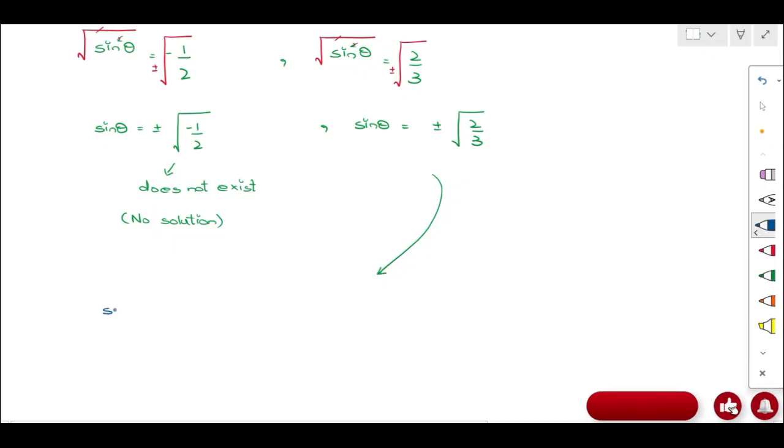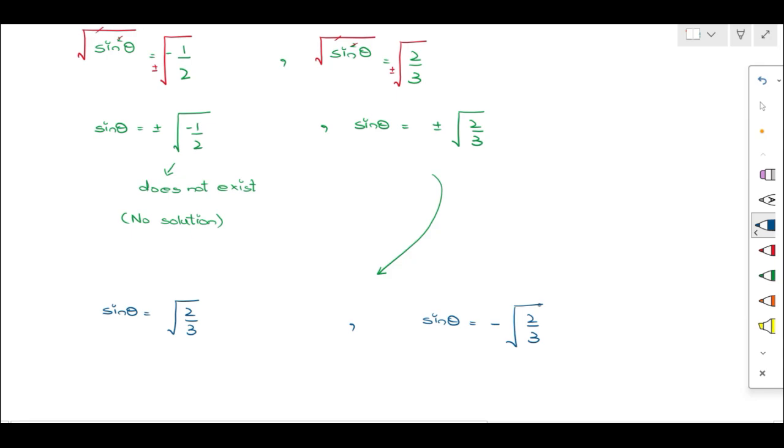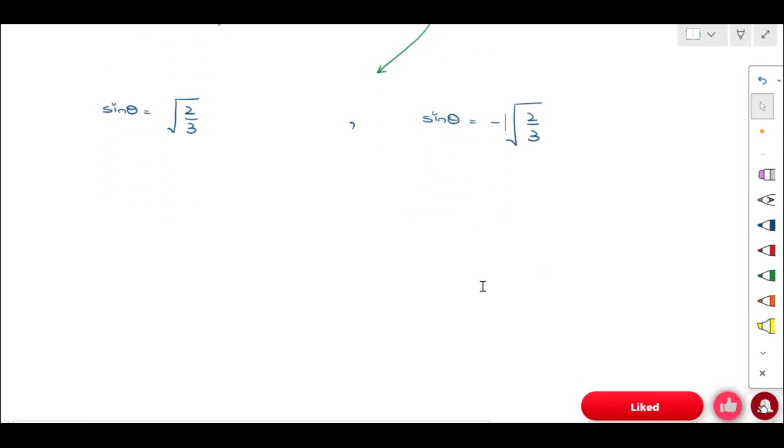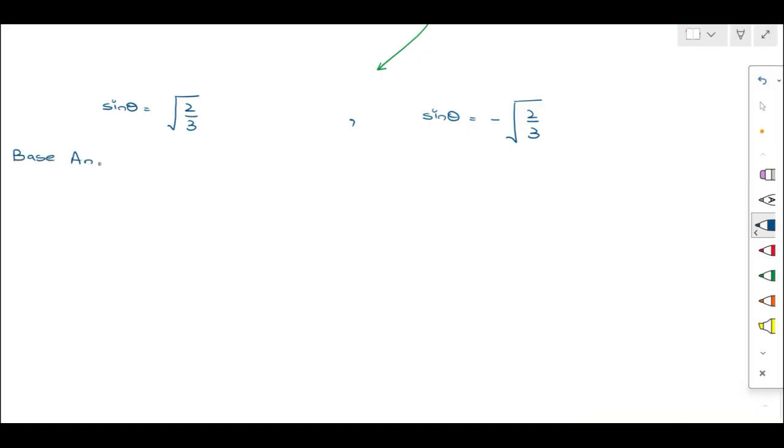So here sine theta is equal to root 2 by 3, and the other case is sine theta is equal to negative of root 2 by 3, right? Let me solve for the principal value of the angle, or the base angle, in both cases.